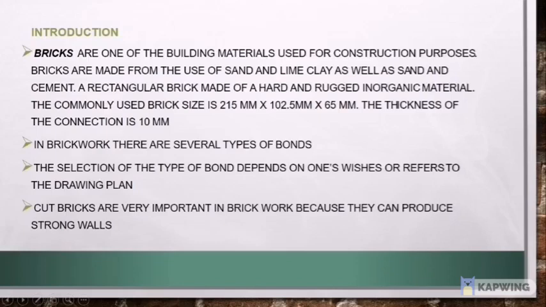The thickness of the connection is 10 mm. In brickwork, there are several types of bonds. The selection of the type of bond depends on one's wishes or refers to the drawing plan. Cut bricks are very important in brickwork because they can produce strong walls.